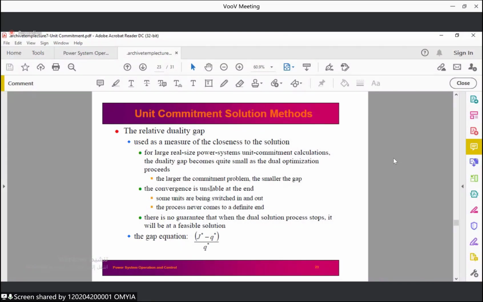The configuration is unstable at the end, so the units are being switched on and out, and the process never comes to a defined end. There is no guarantee that when the solution process stops, it will be at a feasible solution. This is the gap equation.